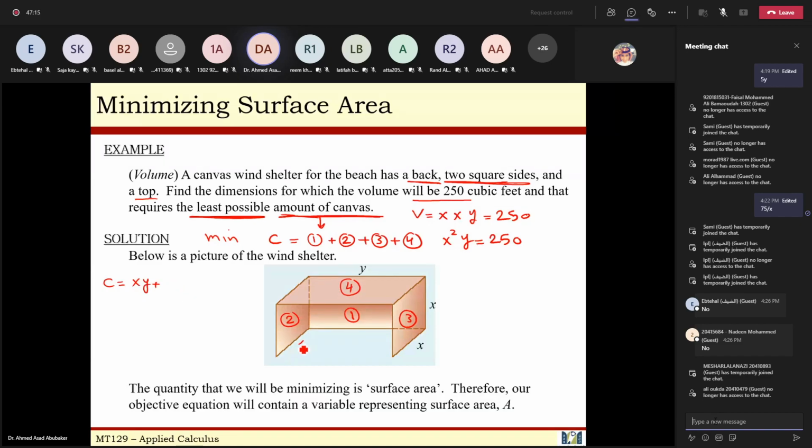Number 2 is x with x, x square, plus number 3 also x square. The top is x y. So we have C equals 2x square plus 2xy. This is the cost we need to minimize.